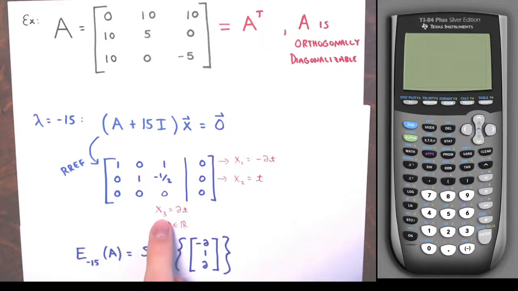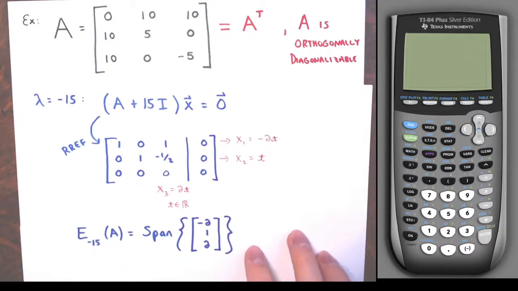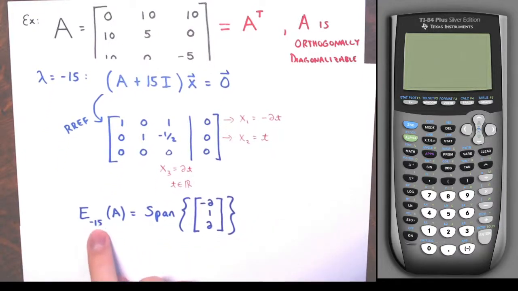Again, I let x3 be 2t because of the half there. Then x2 would be t, x1 would be negative 2t, where t is any real number. So the eigenspace of A corresponding to negative 15 is the span of the vector (negative 2, 1, 2).